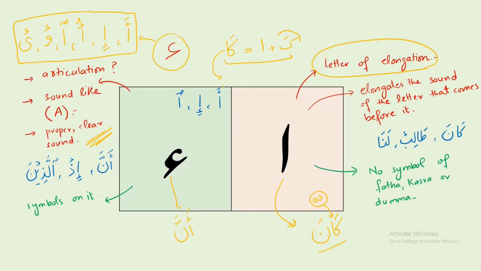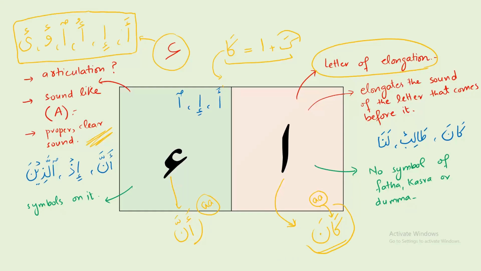Anna, the very clear, very sharp, and very proper sound of a, right? The a sound is at the start, like anna, anna. Whereas the sound of alif in kana was very soft, like it was merged with the previous letter actually.